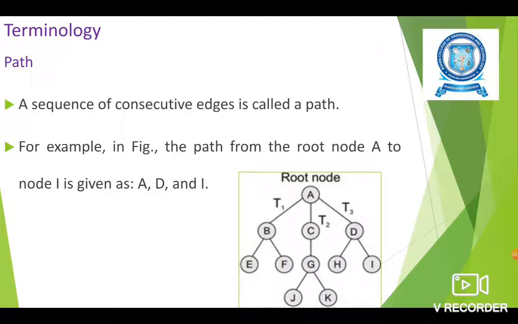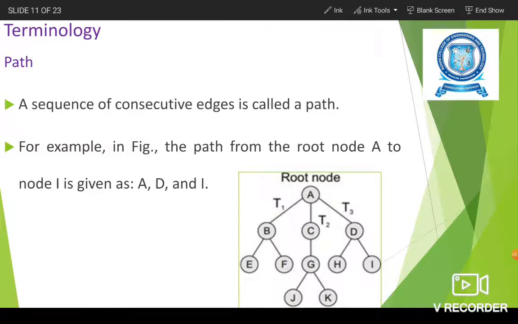Then what is a path? A sequence of consecutive edges is called a path. Okay. Can you tell me the path from the root node A to I? So from the root node A, I can reach D, then D to I. So this is the path.